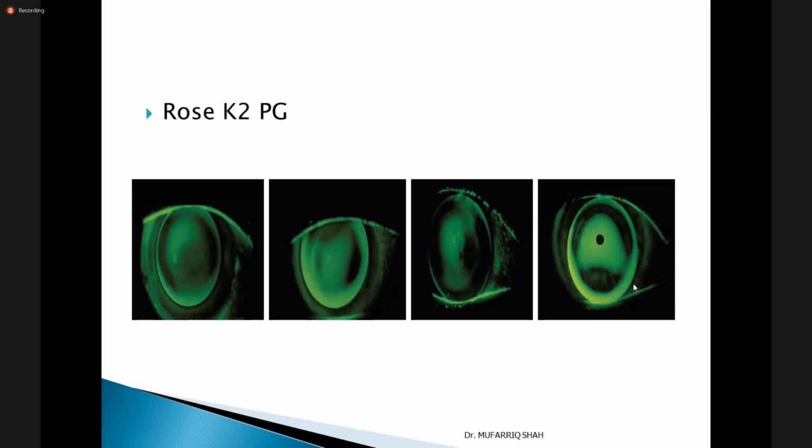And what about the last one? So what do you think about this last one? So central pooling is there, with the peripheral fluorescein band more at inferior.